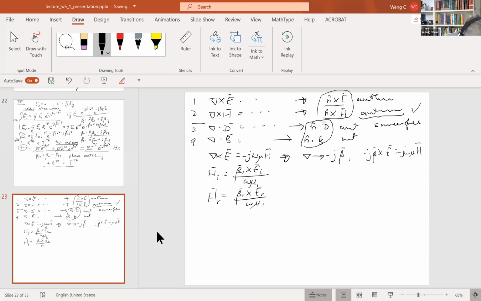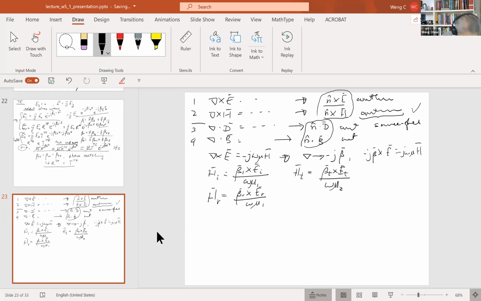And then you can also figure out HT, which will be given by beta T cross ET over omega mu 2. I have to use mu 2 now because I'm in the second region.